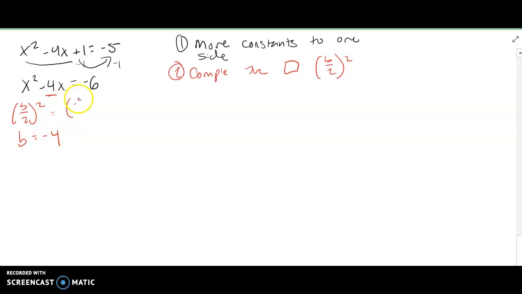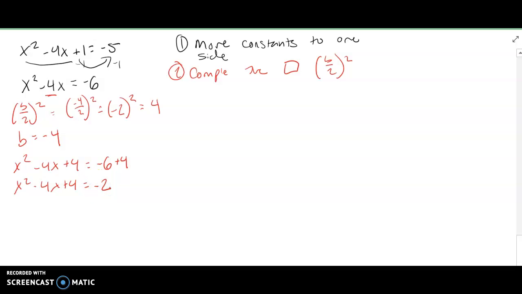So we have negative 4 over 2 squared, and negative 4 over 2 is negative 2, and negative 2 squared is 4. So I'm going to add 4 to both sides. So we have x squared minus 4x plus 4, and then negative 6 plus 4, which turns into negative 2.